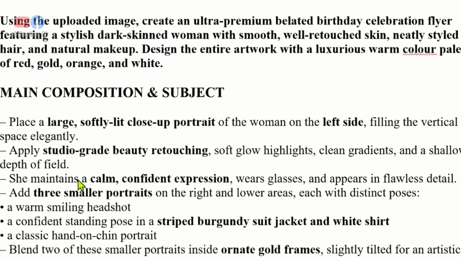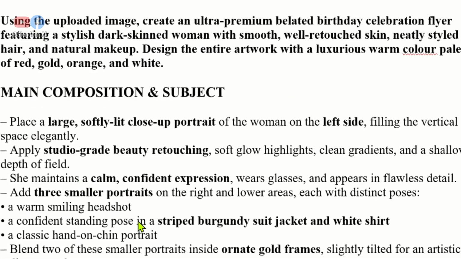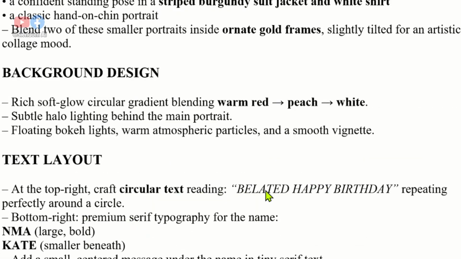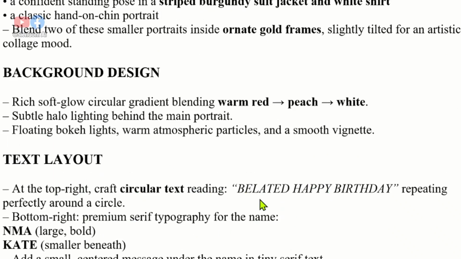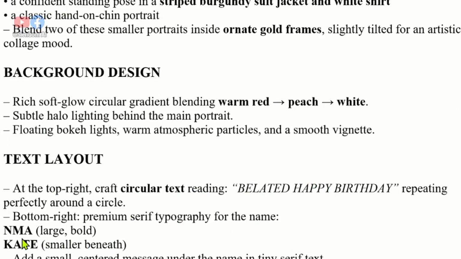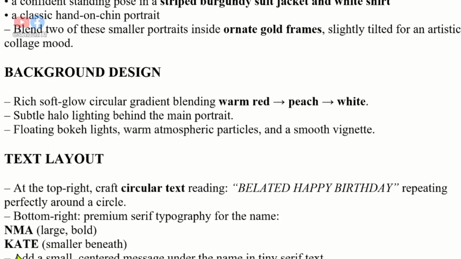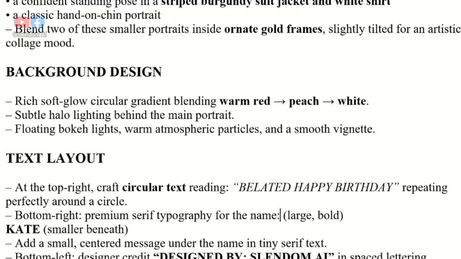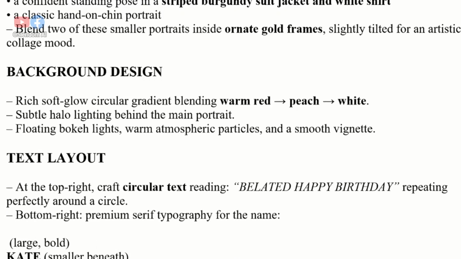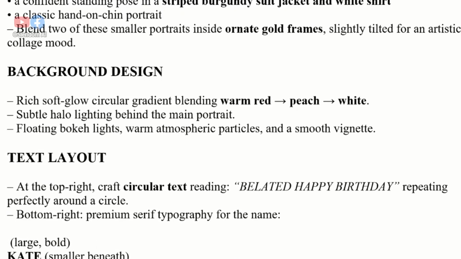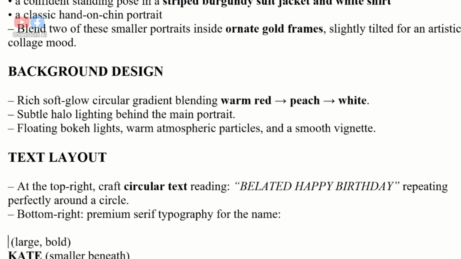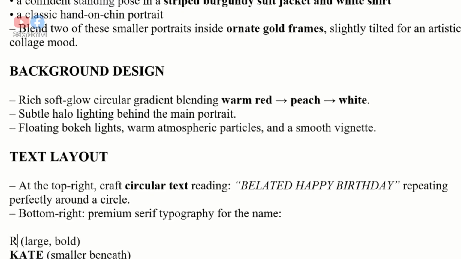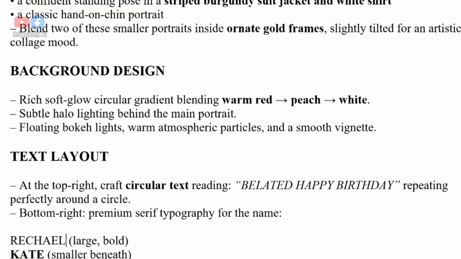Now if you read through, you will see that it has text and it has text layout and where you can edit and add names. For instance, here the name is Mma and the other one is Kate. So I can quickly change these names. Let's say I change it to Rachel.